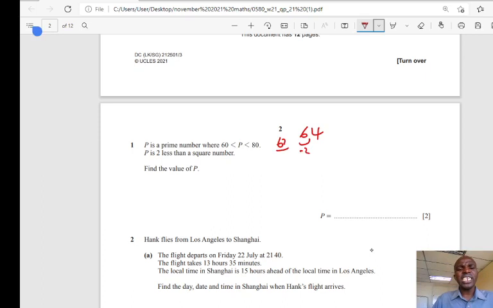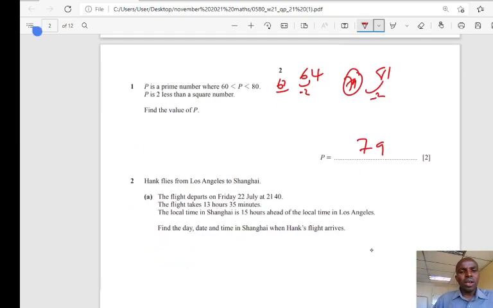Then you check, is 62 a prime number? No, it's not. Then you can find another prime number here. The next square number after 64 is 9 times 9, which is 81. So you check 81, subtract 2, then you get 79. 79, is it a prime number? Yes. Is it between 60 and 80? Yes. So 79 will be the answer.